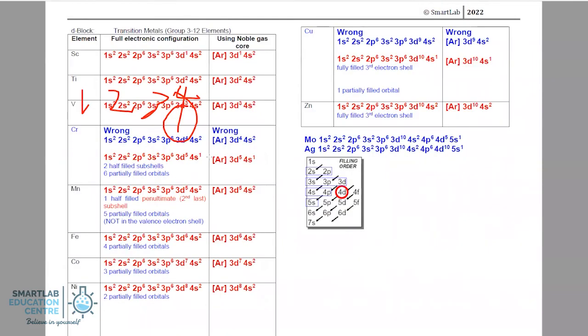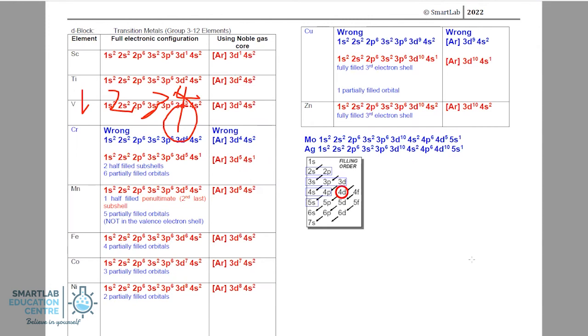Why? The reason is that by putting 2 electrons in the 4s, there is repulsion. And when the 3D subshell has 4 electrons, the energy gap between 3D and 4s becomes smaller. So it is now viable for an electron from 4s, which is lower, to jump over to the 3D.